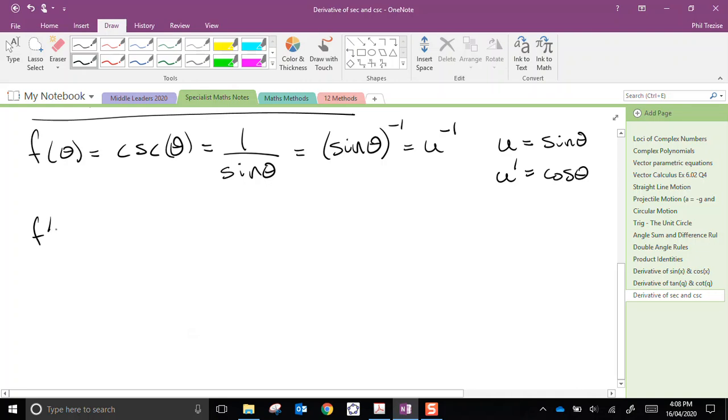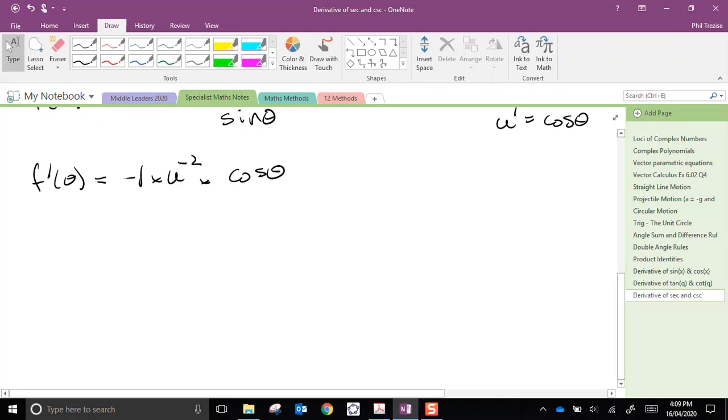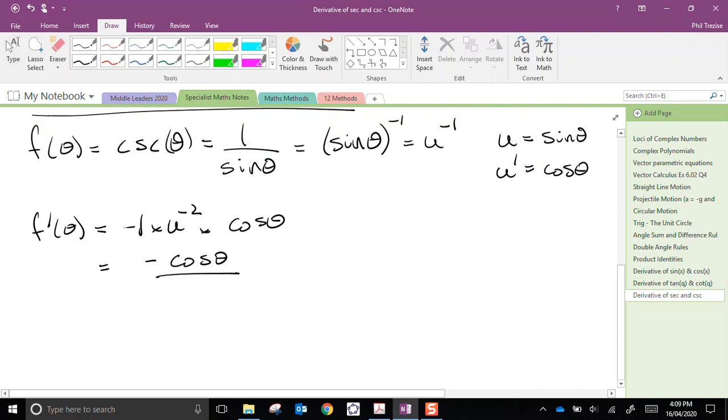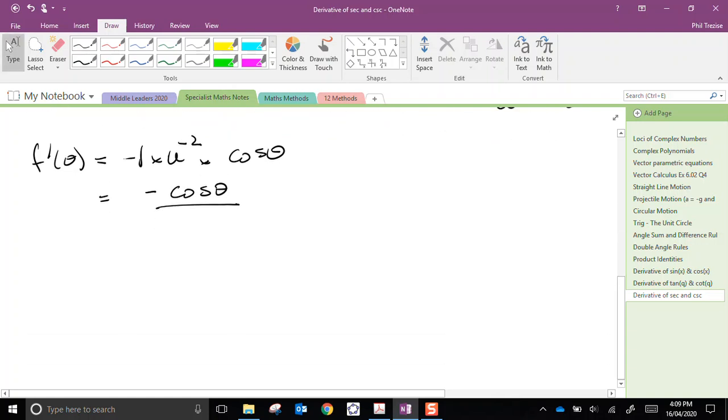Applying the chain rule, f dash theta will be negative 1 multiplied by u to the power negative 2, and then multiplied by u dashed, which is cosine theta. And this will be negative cosine theta over, and remember u was sine theta, so it's sine squared theta.